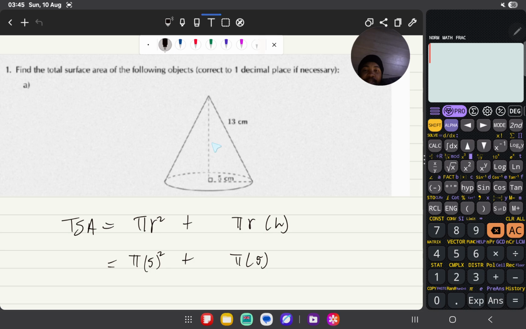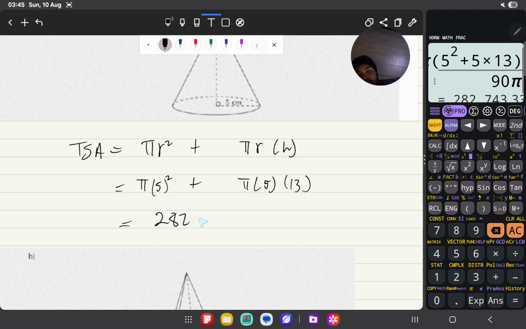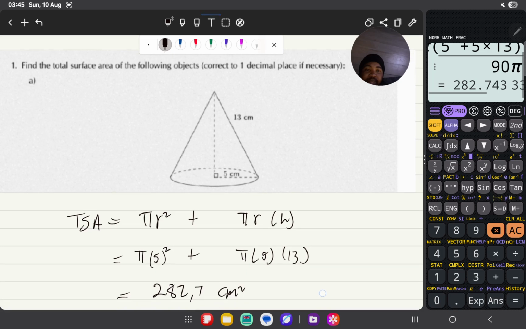And if sometimes they give you the perpendicular one, you'll use Pythagoras to find that one. So pi into 5 squared plus 5 times 13, which is 90 pi, which is 282.7 centimeters squared, rounding off to one decimal place.